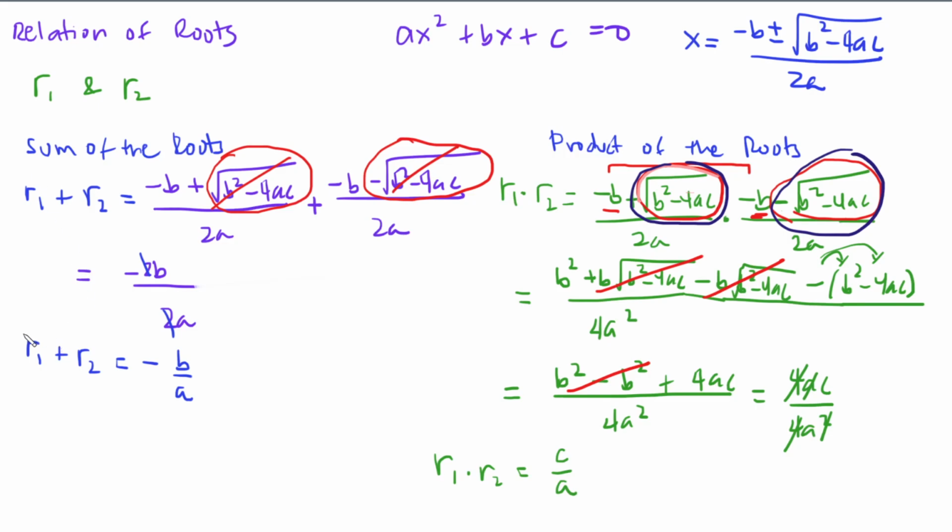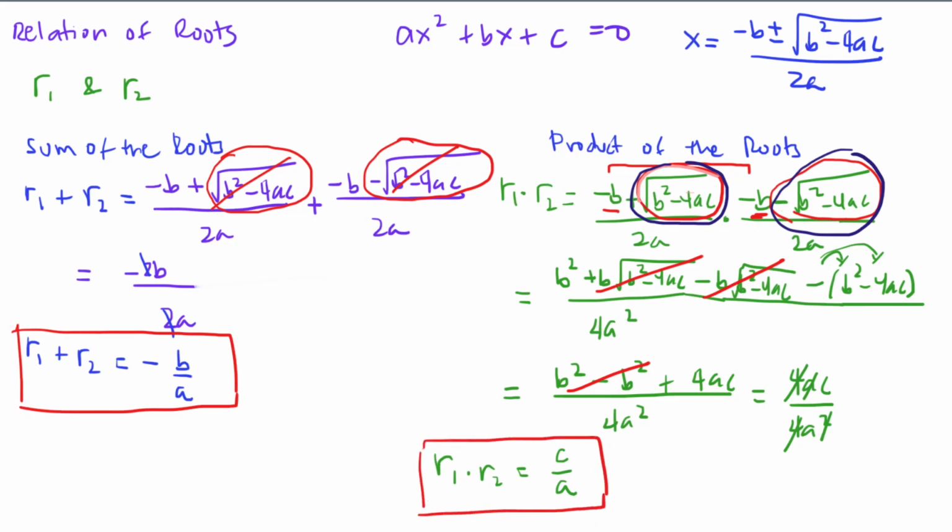These are the two important relationships of the roots, sum and product. For the sum we have negative b over a, and for the product we have c over a. That's it for the introduction of the relation of the roots.